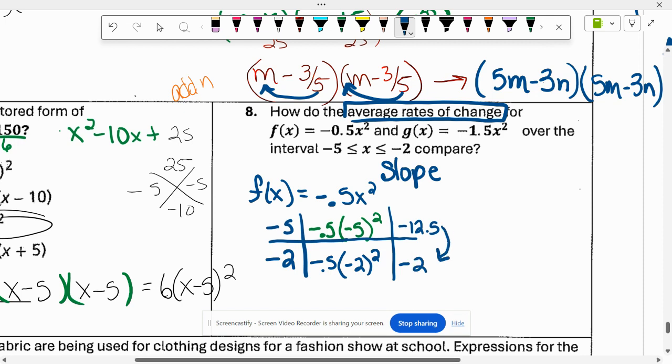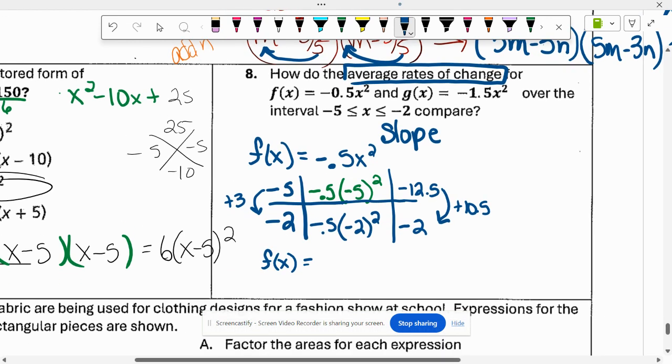So my change in y is positive 10.5 and my change in x is positive 3. So the average rate of change of f of x over the interval of negative 5 to negative 2 is 10.5 over 3, which is the same thing as 3.5.